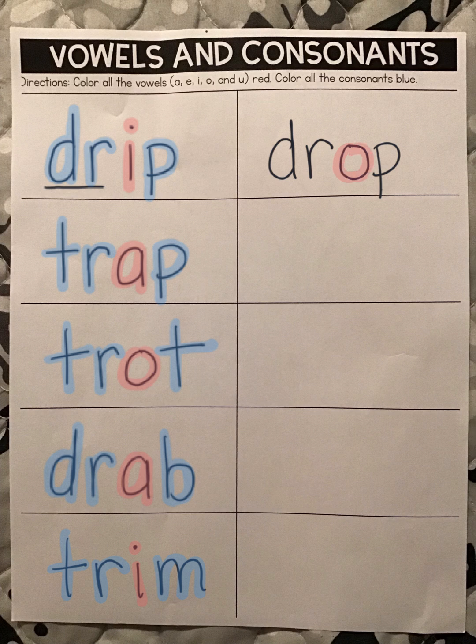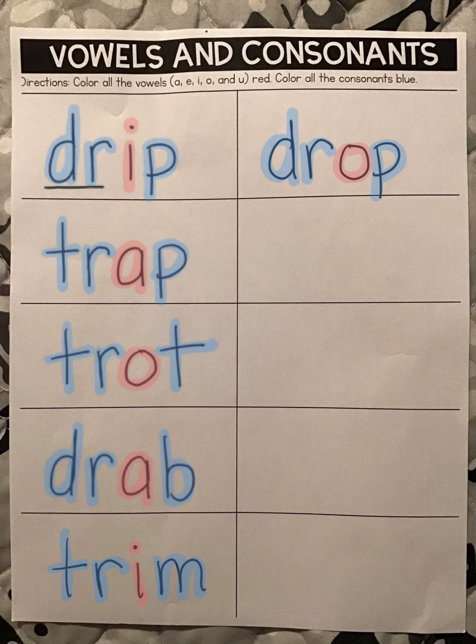Ah is my vowel in drop. With your blue crayon, please trace the consonants. D and P are your consonants in drop. Our next word is grit.